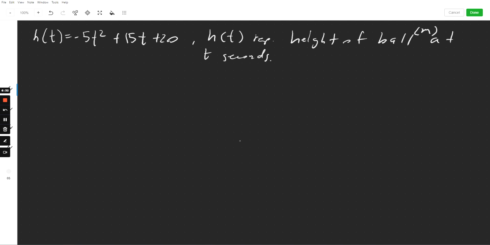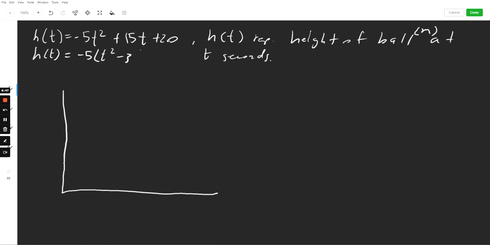So we can actually graph this first. So we can actually factor this. h(t) equals, so we can pull out negative 5, that'll be t² − 3t − 4.